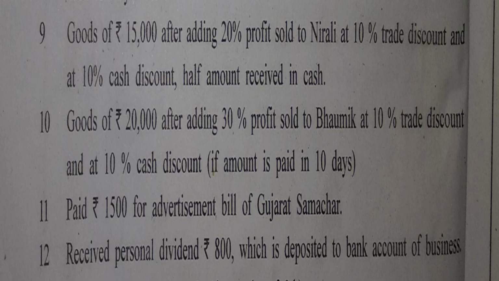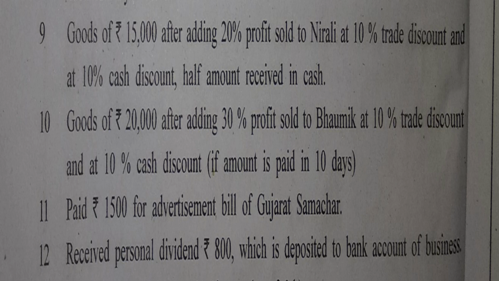Next one, on 12th, received personal dividend rupees 800 which is deposited to bank account of business. The personal dividend is a personal income, rupees 800, and that income has been deposited with the business bank account.